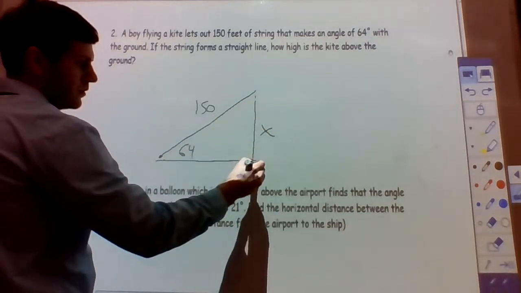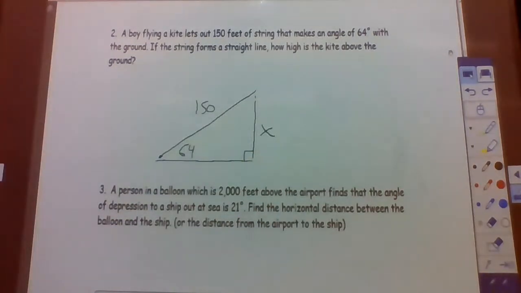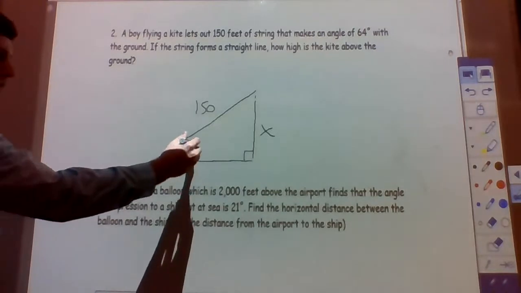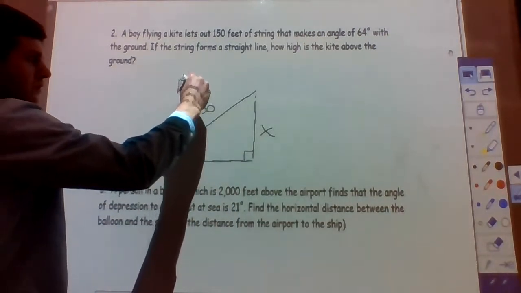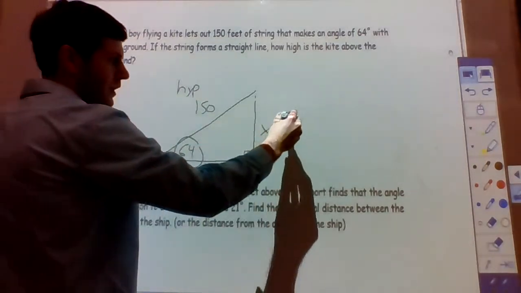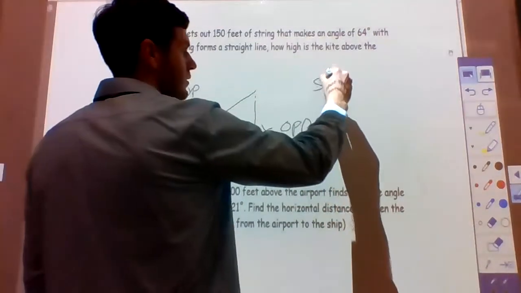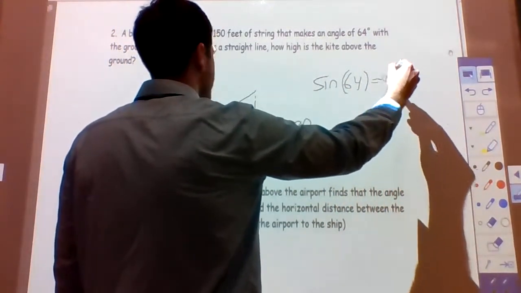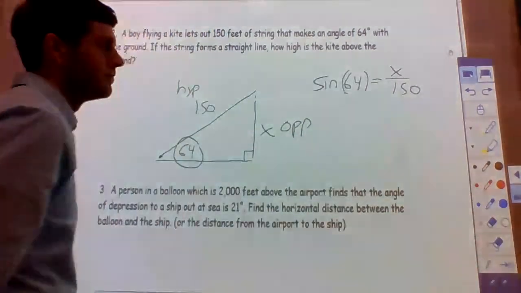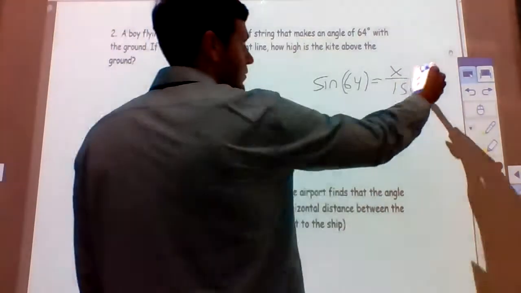So here's our triangle. We have here's 64. 150 is across from the right angle, so that's our hypotenuse. Across from 64 is x, so that's opposite. We have opposite and hypotenuse, so we're going to want to use sine. So sine of 64 is going to equal x over 150. Sine is opposite over hypotenuse. Okay, so we want to multiply both sides by 150.